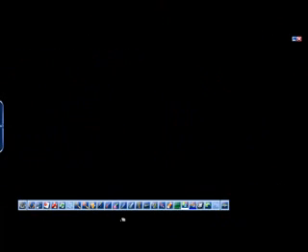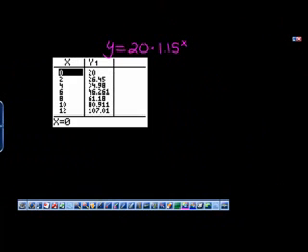Let's create a table of values that shows how the population will change year after year. Here is the table for the function y equals 20 times 1.15 to the x. We can see at the start, for 0 years, we're at 20,000.